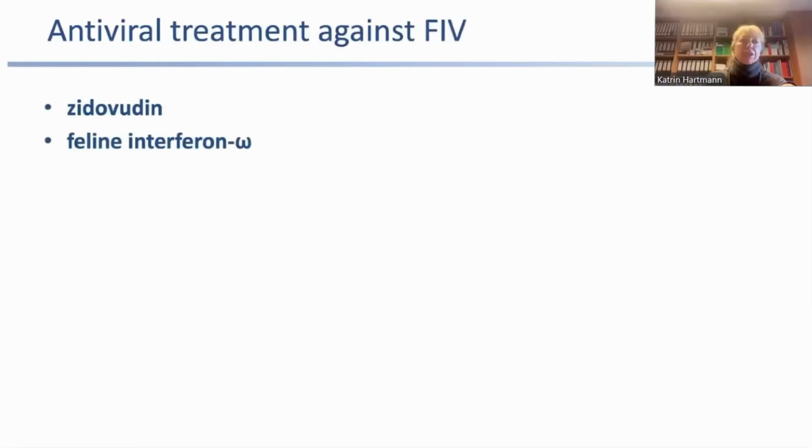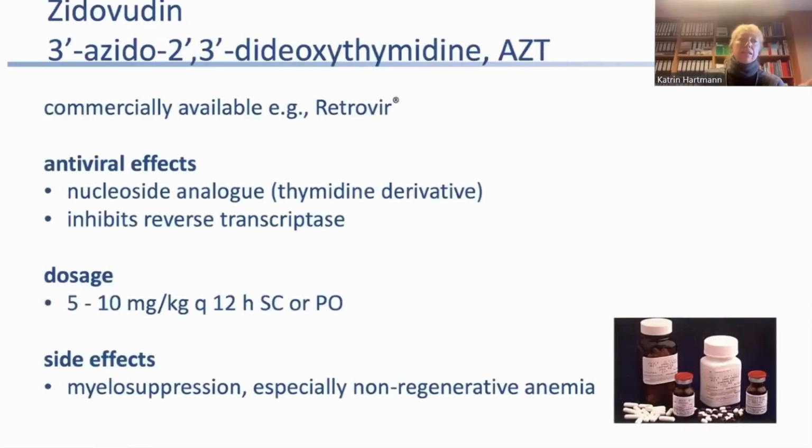So just very shortly, there are 2 that we use sometimes. One is AZT. This is a human drug that's used for HIV, the first one. And we sometimes give it to cats on a few occasions. This is the dosage that we use, and there are some side effects, mainly myelosuppression.